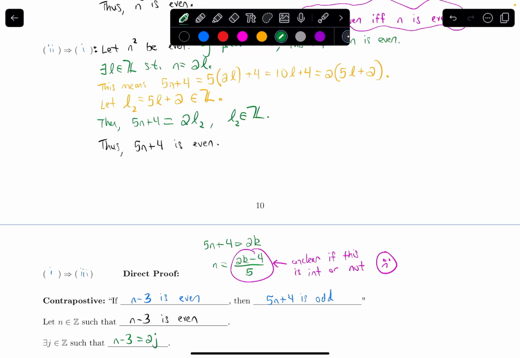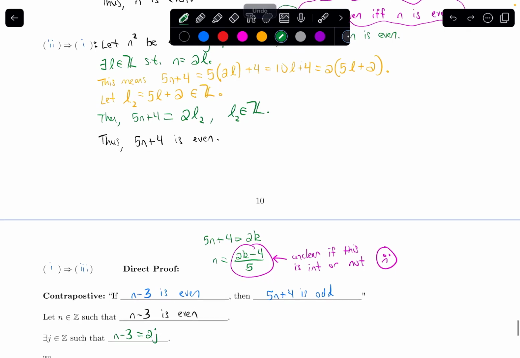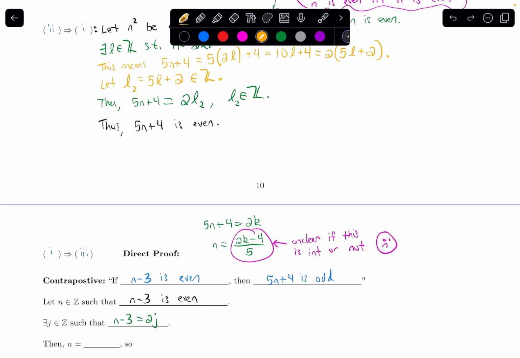Okay. So now I'm going to try to do some manipulations because I'm trying to show ultimately that 5n plus 4 is odd. So maybe I will isolate the n here. n equals 2j plus 3. Now let's start to write 5n plus 4.